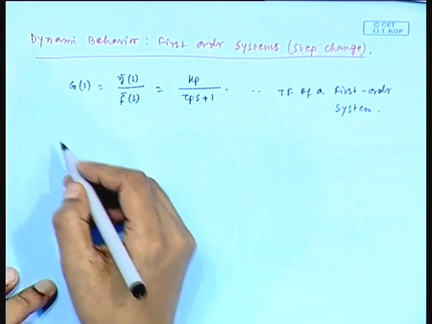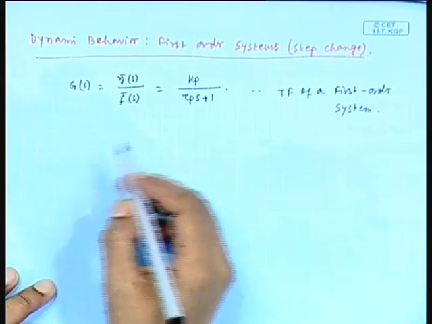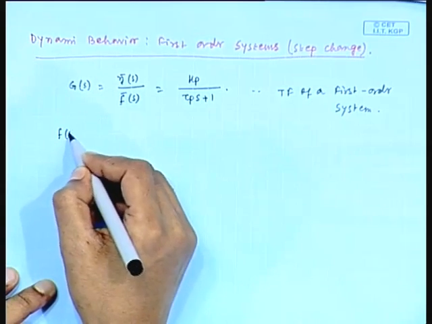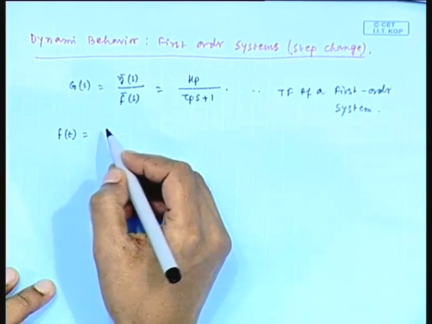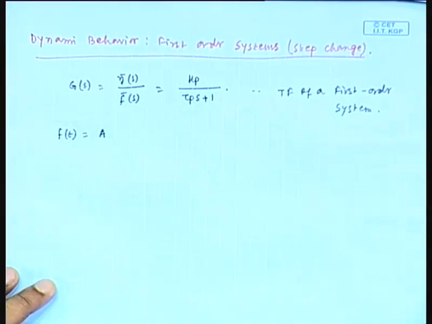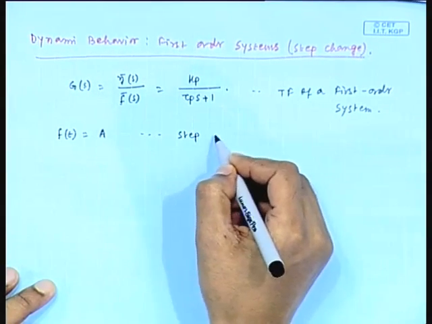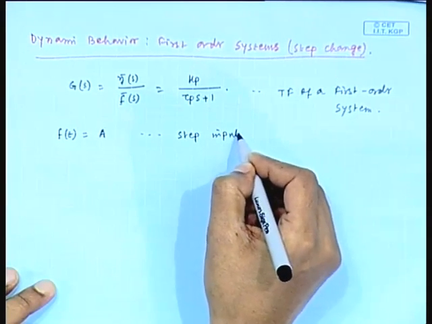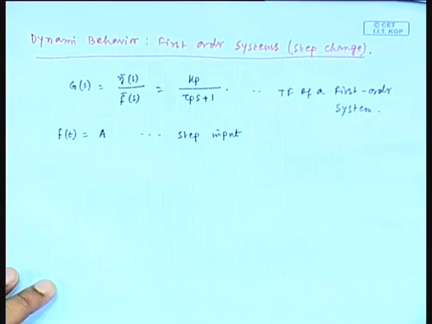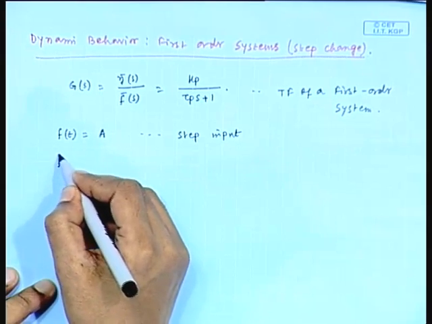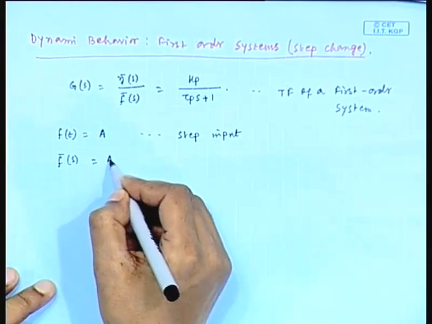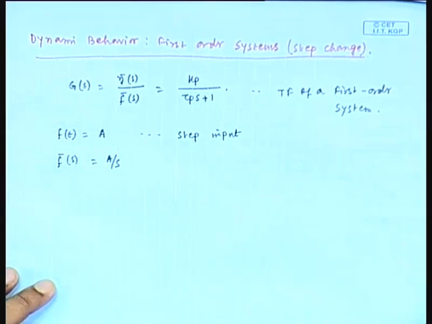Now, we will consider step change with suppose magnitude A. This is step input. Fine. That means F bar(s) equal to A by s. Agree?